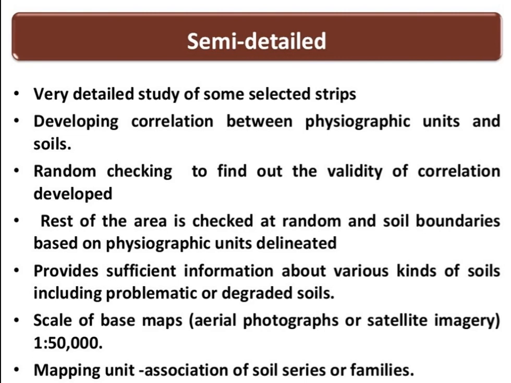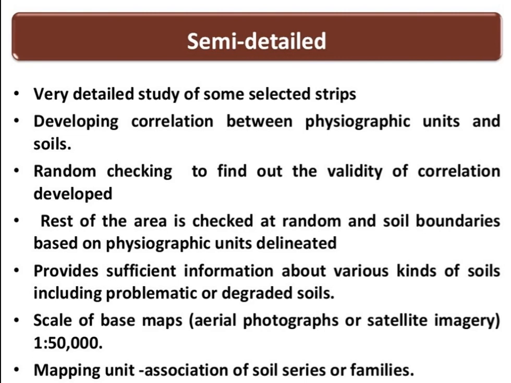Then the next type of soil survey is semi-detailed soil survey. This survey comprises very detailed study of some selected strips cutting across many physiographic units for developing correlation between physiographic units and soils. Once the correlation is developed and found to be valid by random checking, the rest of the area is checked at random and soil boundaries based on physiographic units are delineated.